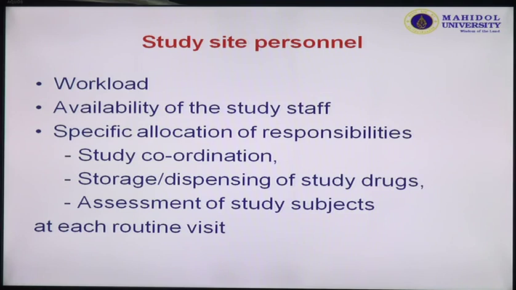Suppose for the informed consent process, how long does it take for each one? It may take 1 hour, 2 hours. For that visit, how many can you accommodate? Maybe only 10 patients a day or 20 patients a day. So they will ask you, or you have to ask the site, how many you can enroll in 1 week. Is it 20 per week? Or how many per month can you enroll?